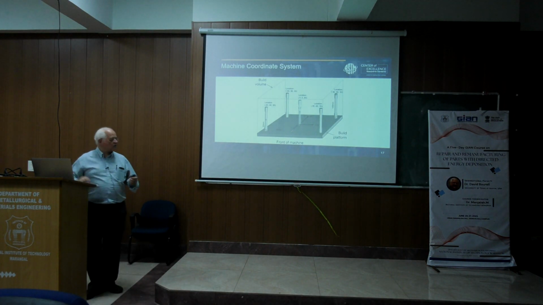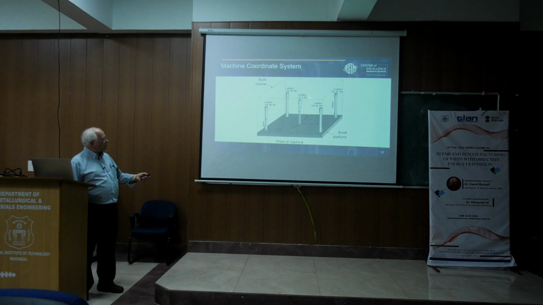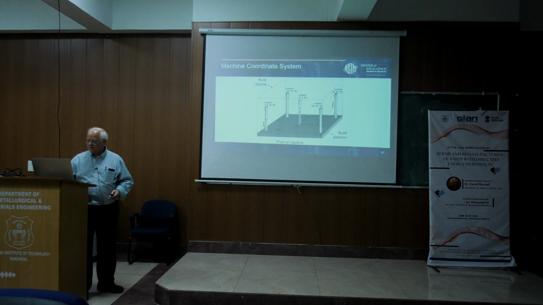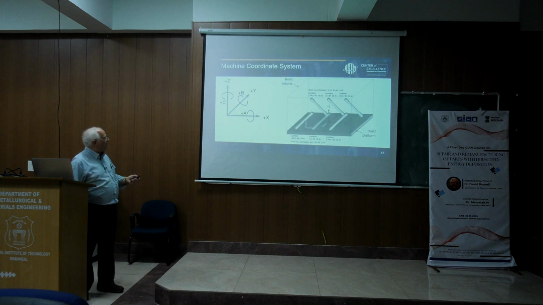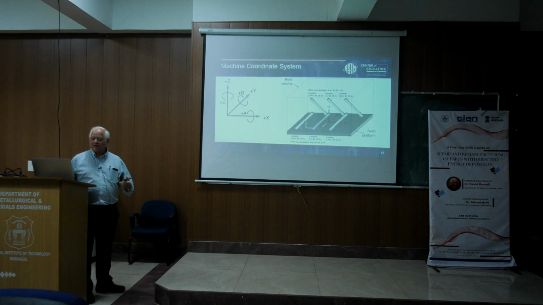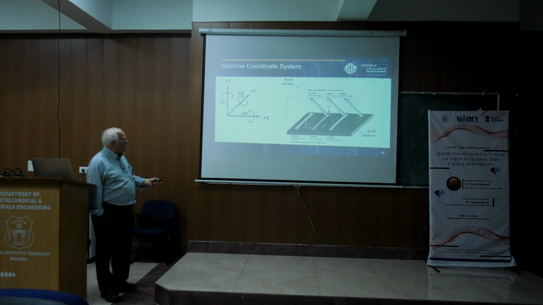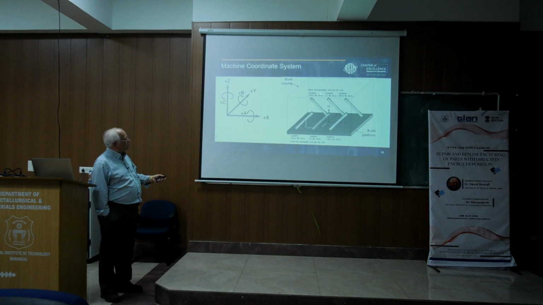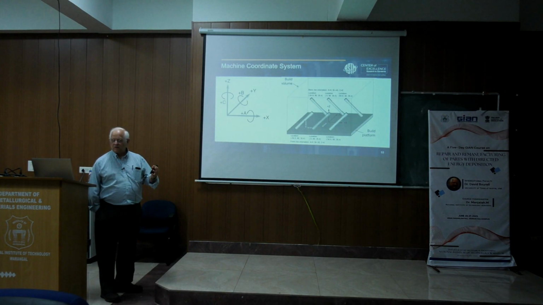So now the question is, what if these parts are not straight up and down, what if they're rotated in some way? In that case, we have to add to the x, y, z coordinates some angular measures to describe the rotation of the part.